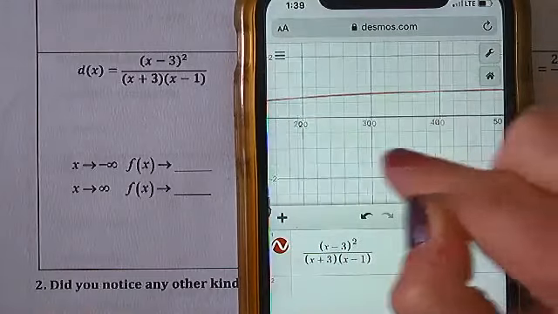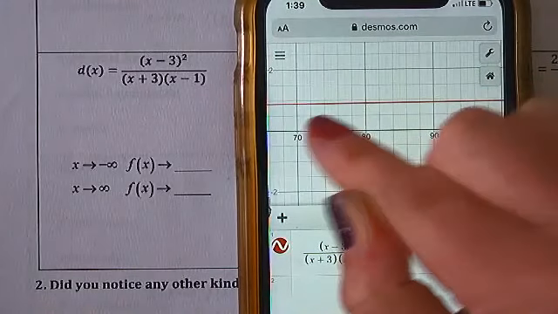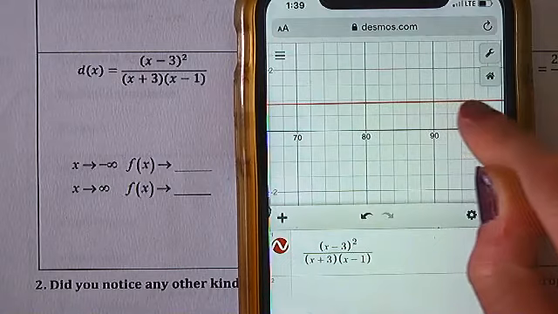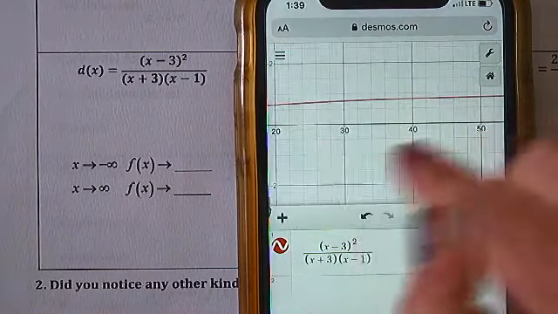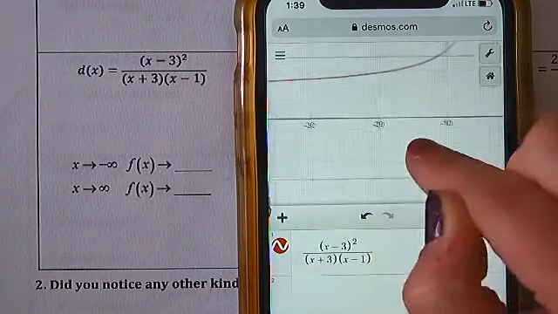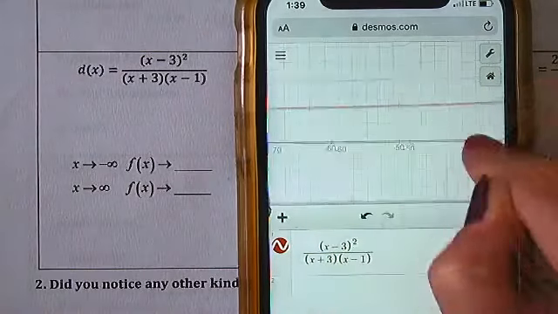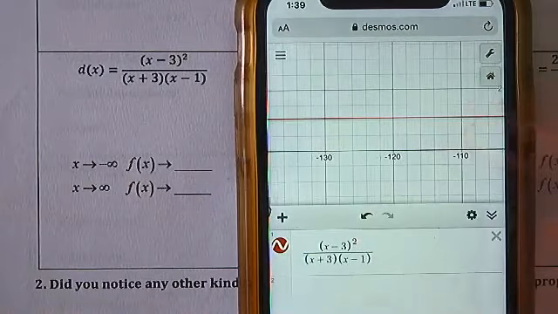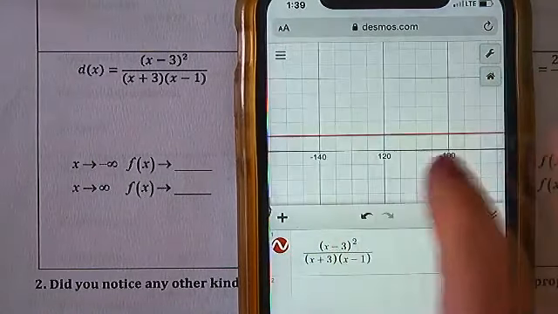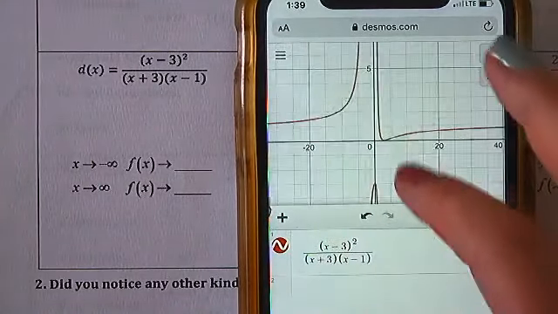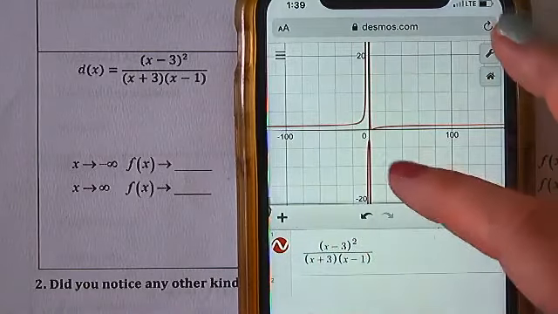Kind of go here. You guys see how this gets closer and closer to 1? And then let's see if the same thing is happening over here on the left. This is coming down and getting closer and closer to 1 as well. So it looks like this graph is approaching 1.